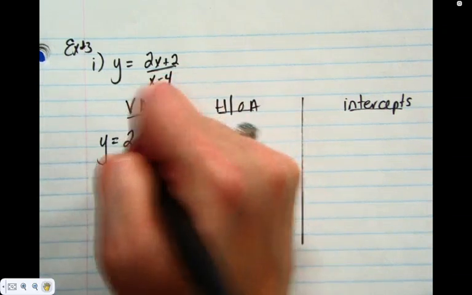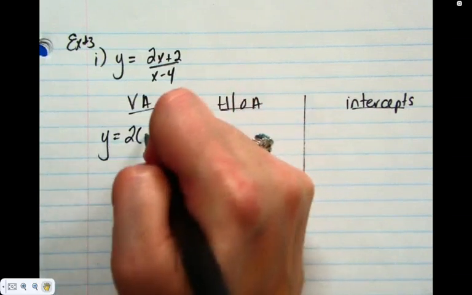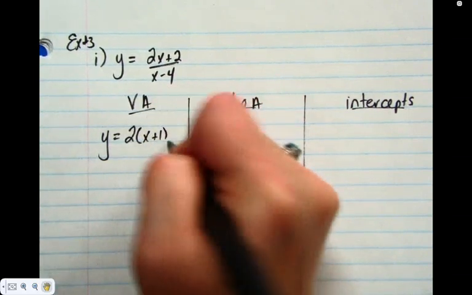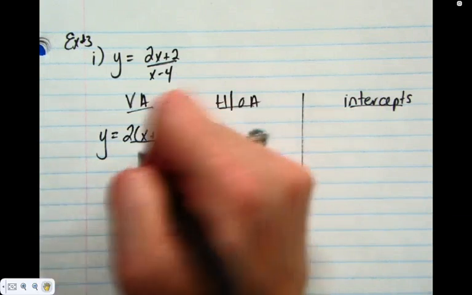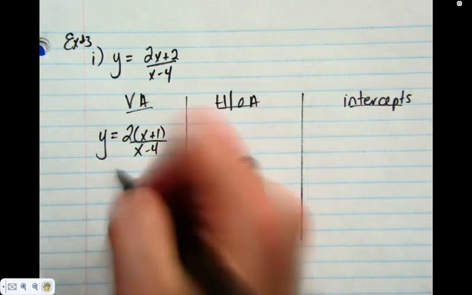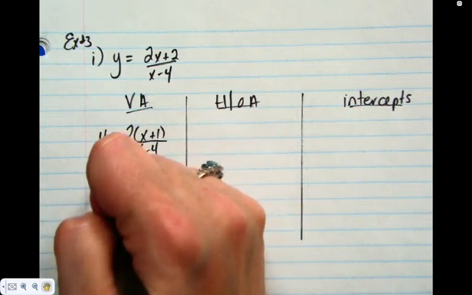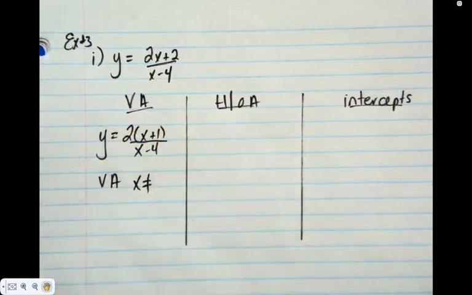Yep, common factor. Top becomes? Can we factor the bottom? Nope. Can we cancel the bottom? Nope, so that tells you it is a vertical asymptote. X cannot be 4.